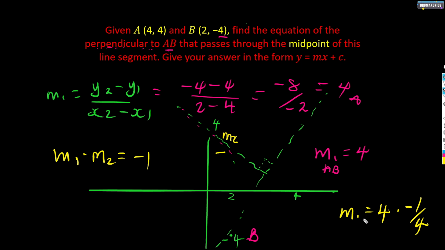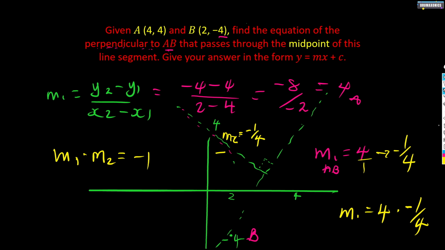Most of the time you can do the inverse of this and multiply it by negative, right? The inverse of 4 will give us 1 over 4, you just turn it around and then multiply it by negative, and then you're going to get the M2. So M2 is equals to negative 1 all over 4, right?